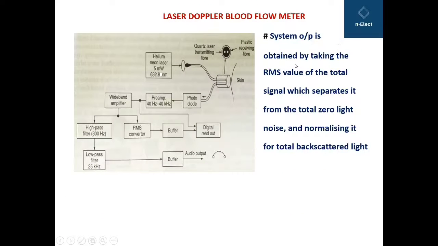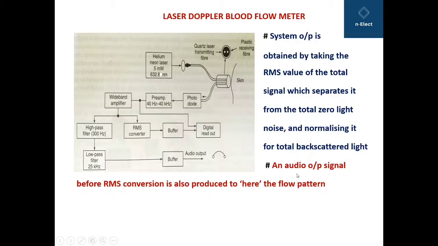System output is obtained by taking the RMS value of the total signal, which separates it from the total zero light noise, and normalizing it for the total backscattered light. An audio output, which you can hear here, is provided through the headphone shown.